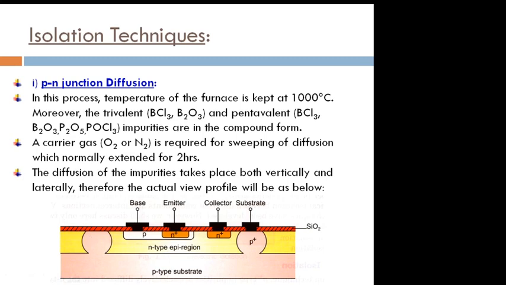Secondly, there is a different concentration of the p substrate level and n substrate level. So there is an expansion of p-n junctions which takes shape on this arc.